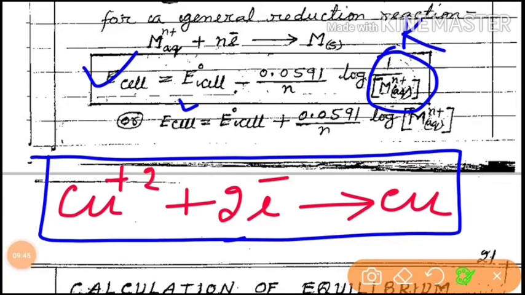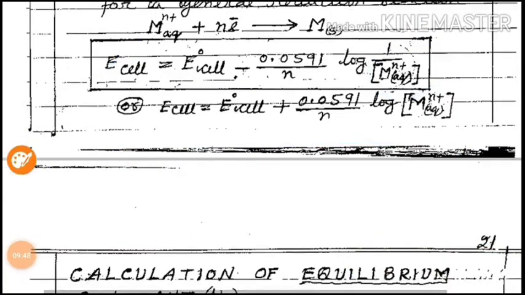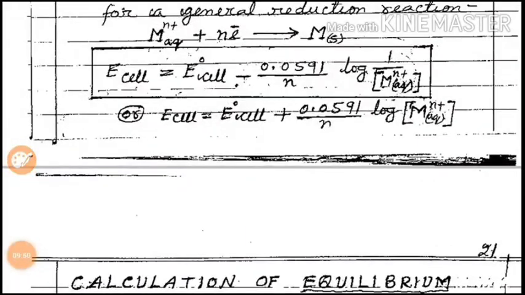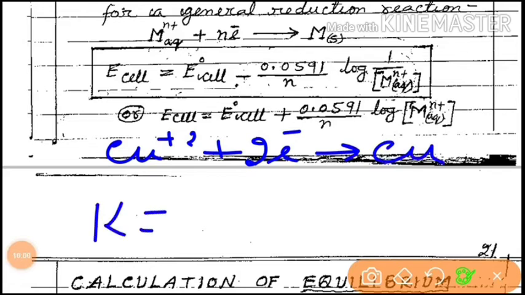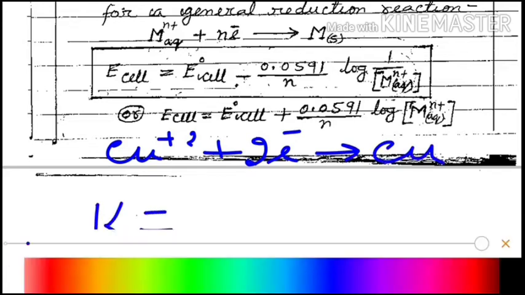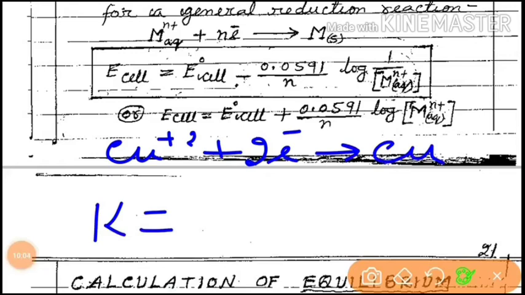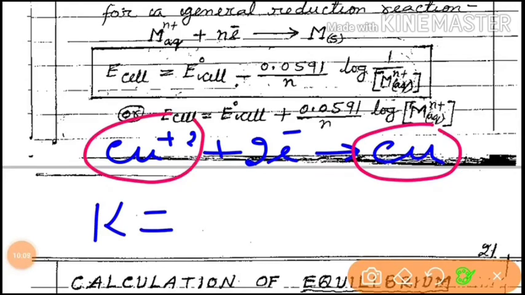And what is the K for this? Cu plus 2 plus 2 electrons give rise to Cu. Then what is the value of K? It is the product of the concentration of the product upon the reactant. Copper here is in solid form, so we write 1 upon the reactant, which is Cu plus 2.